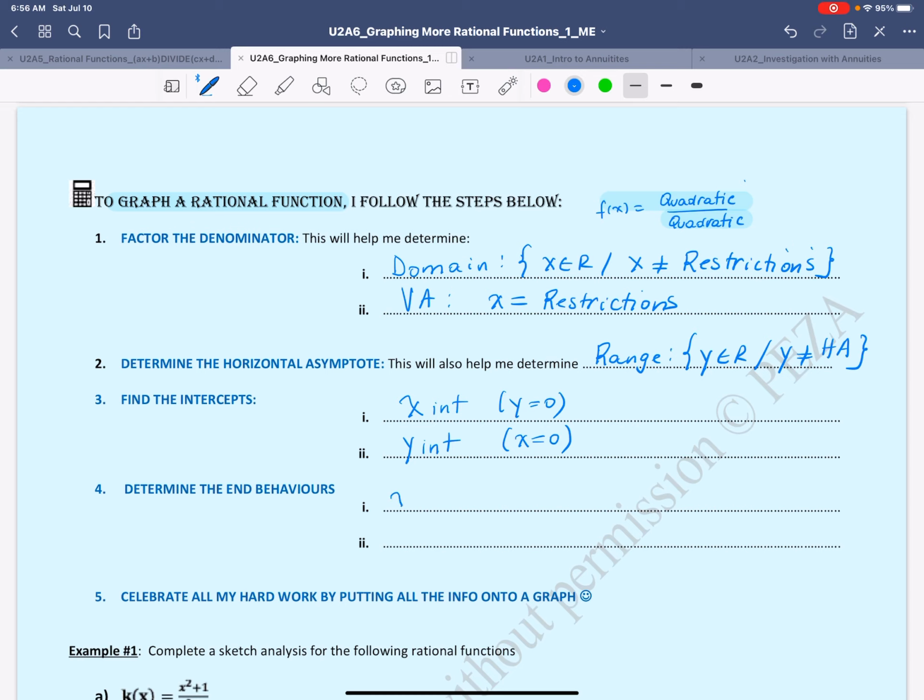The end behaviors that will help us find what the values of y become as x approaches infinity, and what the values of y become as x approaches negative infinity. Another end behavior that is worth discussing is what happens to the values of y as x approaches the vertical asymptote from either the right or the left-hand side of it.